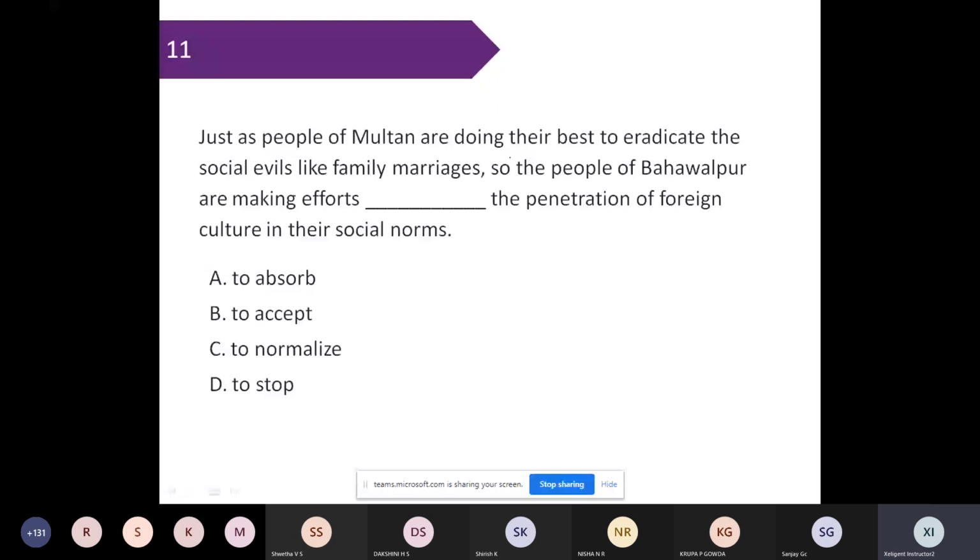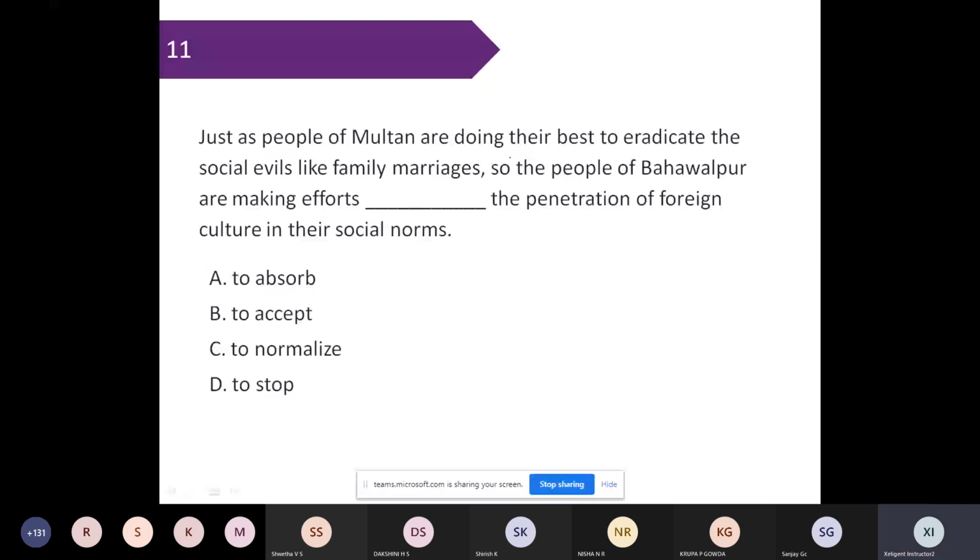First, go for the guess word. Read out the question carefully. If you understand the question, you will get the guess word, whether it is a negative guess word or a positive guess word. Adopt, okay.